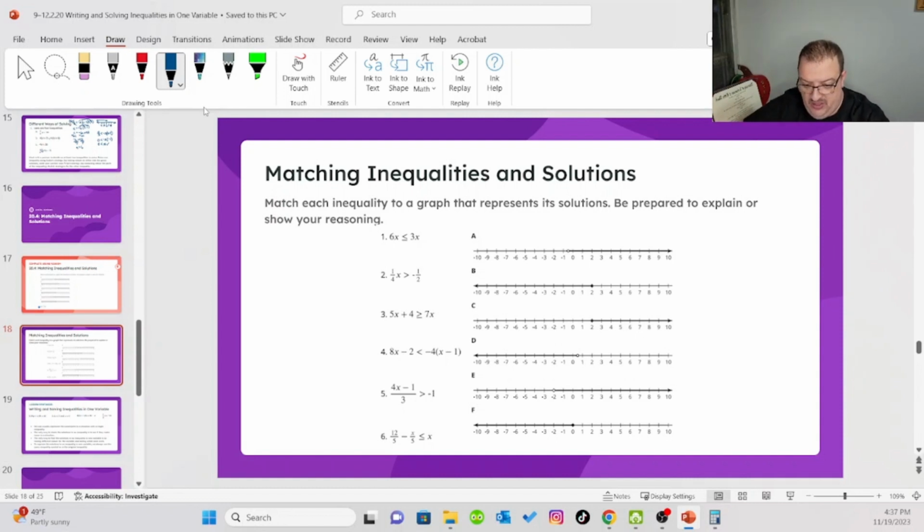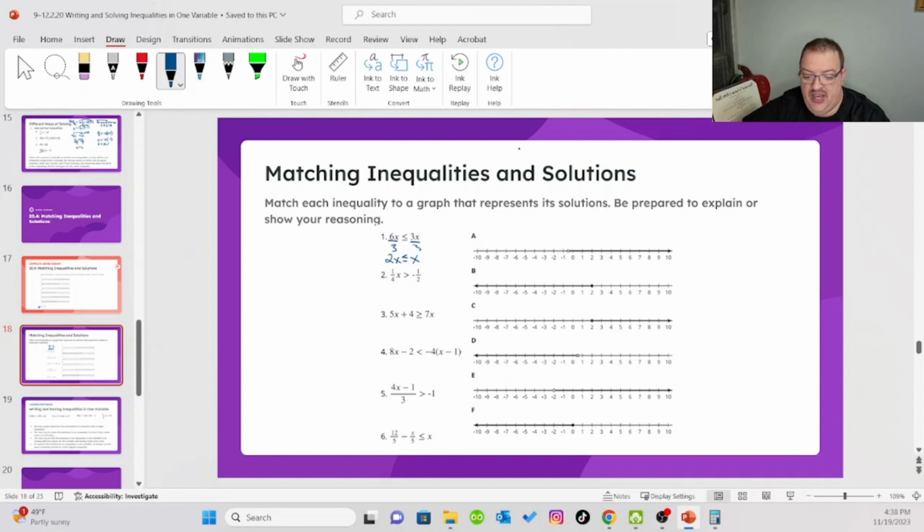So as we look, I have 6x is less than or equal to 3x. So if I divide both sides by 3, then I'm going to have 2x is less than or equal to x.